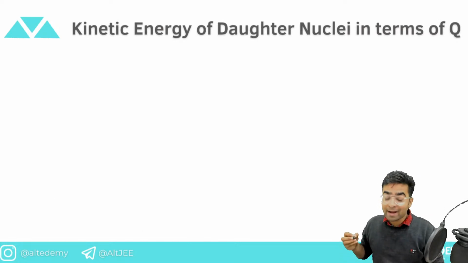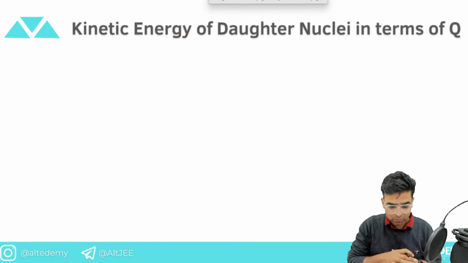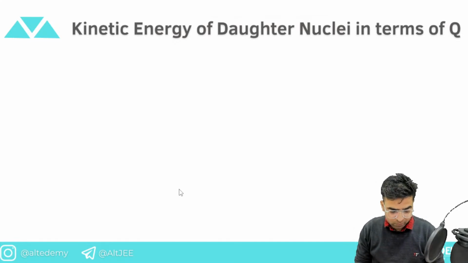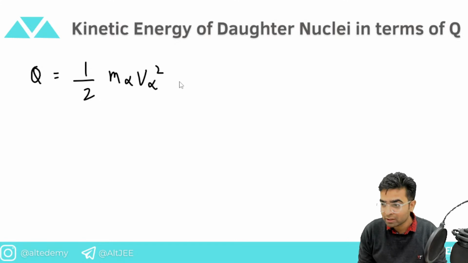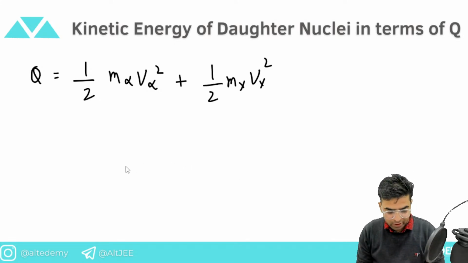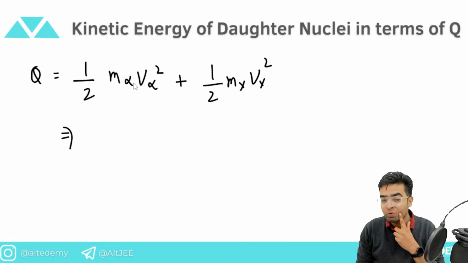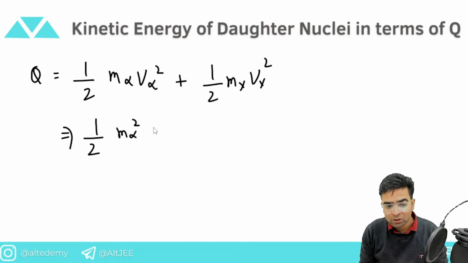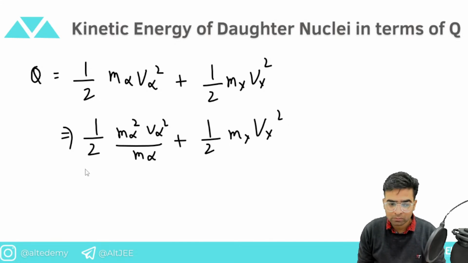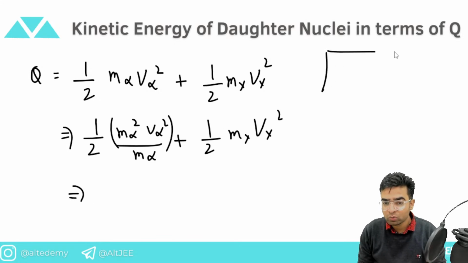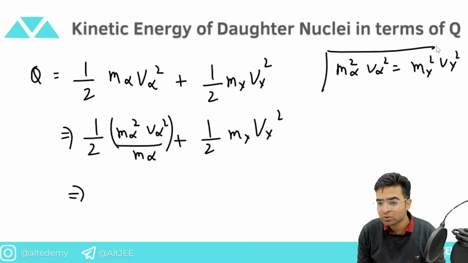Now let's talk about the kinetic energy of the daughter nuclei in terms of Q. In a similar way, we know that Q is half m_alpha v_alpha square plus half m_y v_y square. Now we have to remove alpha, so we will do this: half m_alpha square v_alpha square upon m_alpha plus half m_y v_y square.